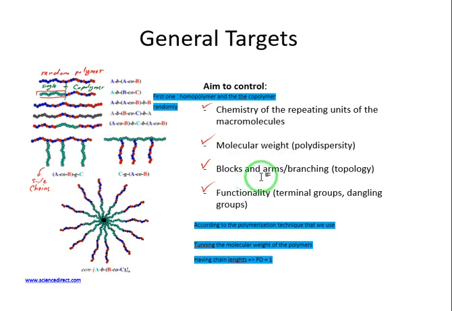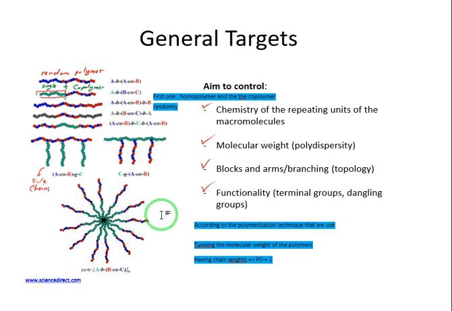You see here that we have the side chains and also the functionality, having the end terminal groups that we can use, for example, for connecting the targeting ligands here and the drugs, etc.